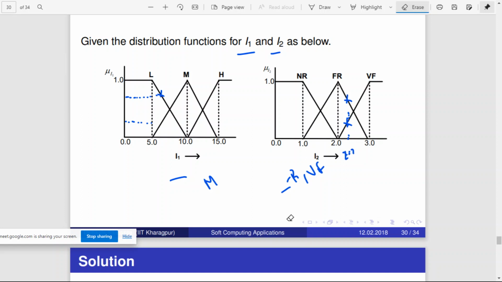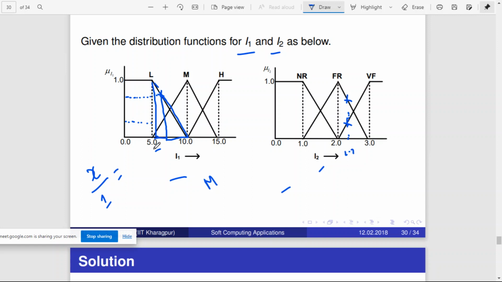So this is x and this is y. Y is 1. So x by 1 is equal to what? This is 6.0. This is delta 1 and this entire thing is delta 2.